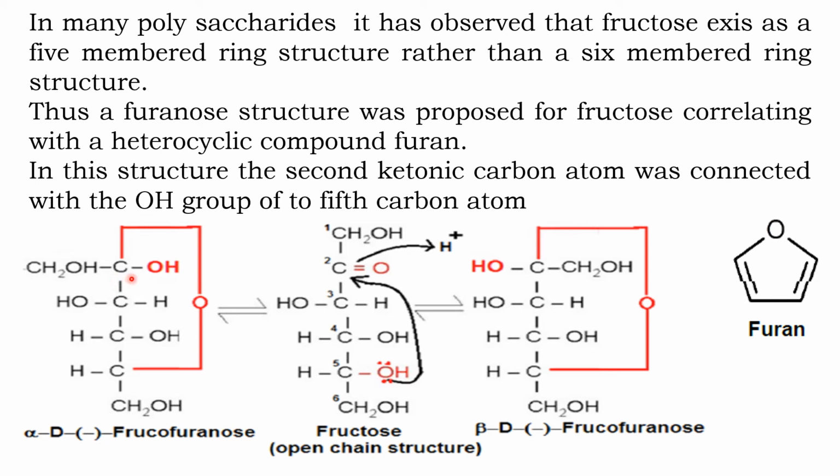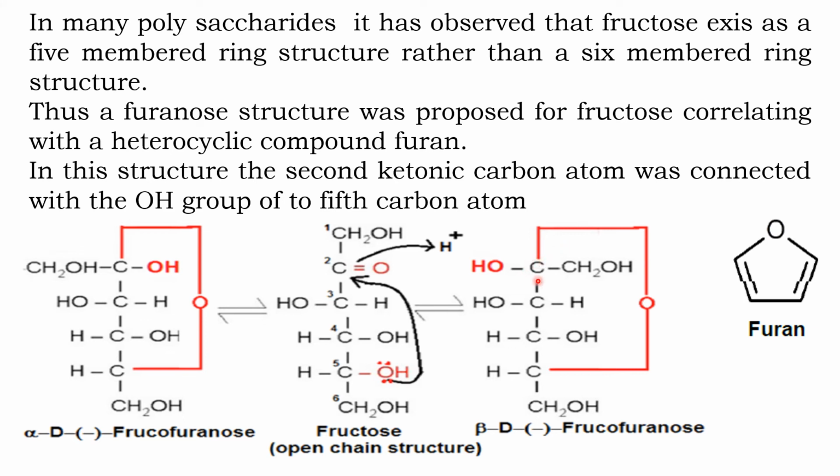Now the second carbon atom becomes anomeric. So the OH group could be on the right hand side. It is alpha D fructofuranose. If the OH group is on the left hand side, it is called beta D fructofuranose. So, by connecting the second carbon atom with the fifth carbon atom, a cyclic structure was proposed.